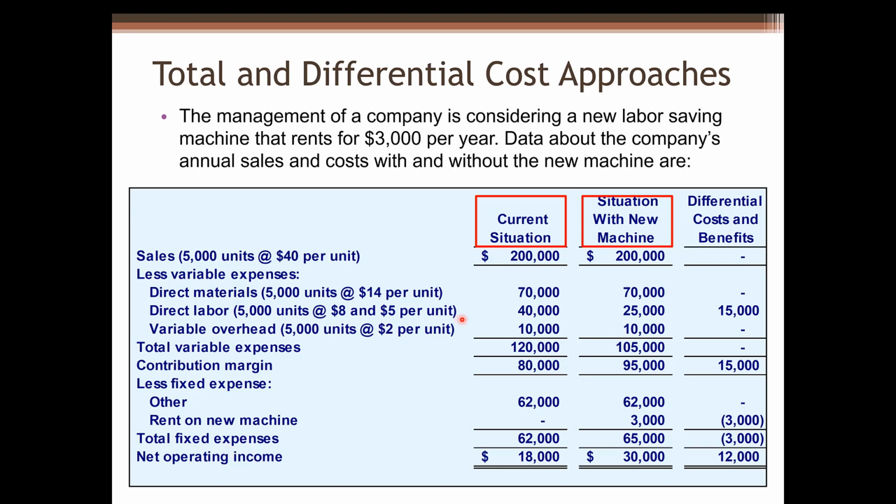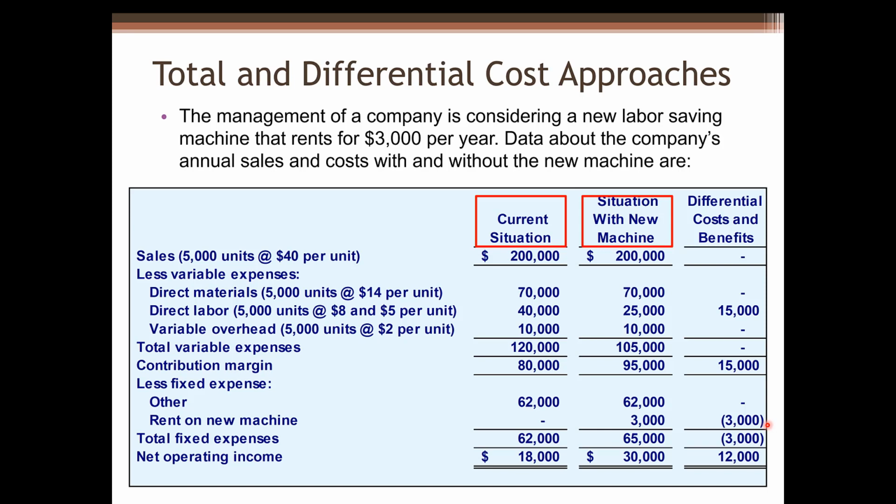Here, with the new machine, direct labor is $5 per unit, compared to $8 without the new machine, a saving of $3 per unit. So with the new machine, total variable expenses can be saved by $15,000, and this is the differential benefit.